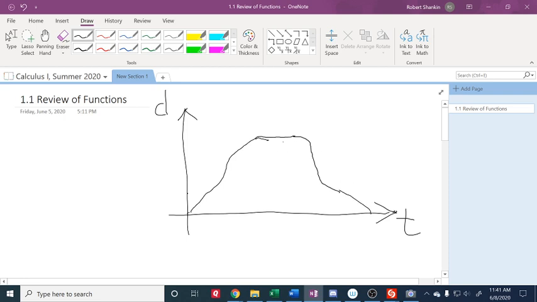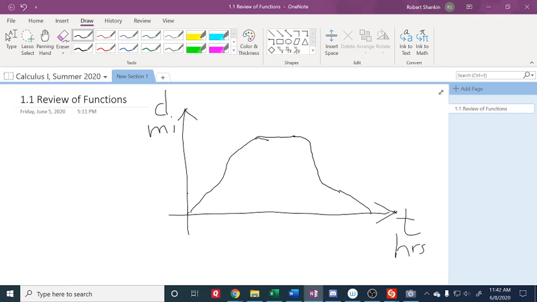Alright, at any point in this picture of time and distance, and suppose this time was in hours, and the distance is in miles, at any point in this traveling trip, you could get your speed.